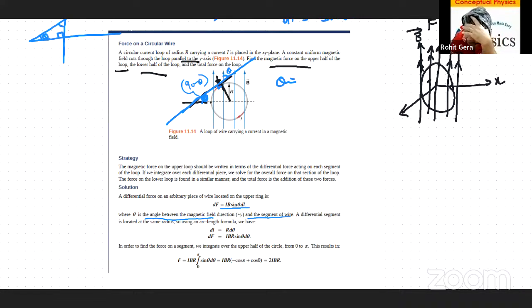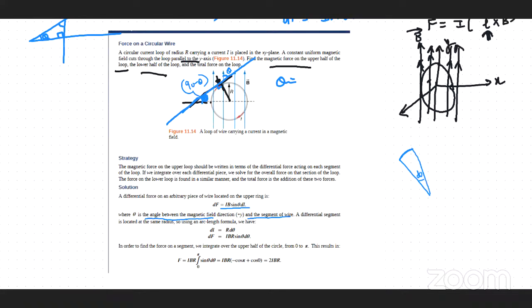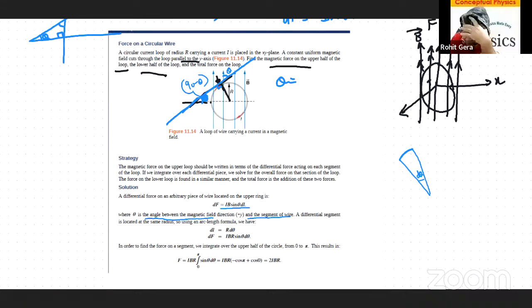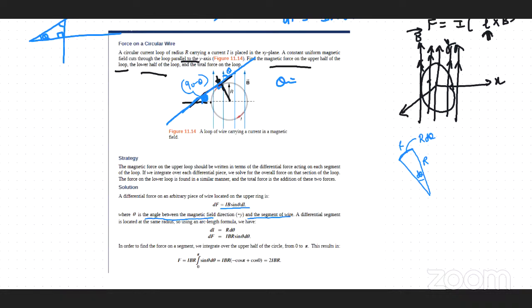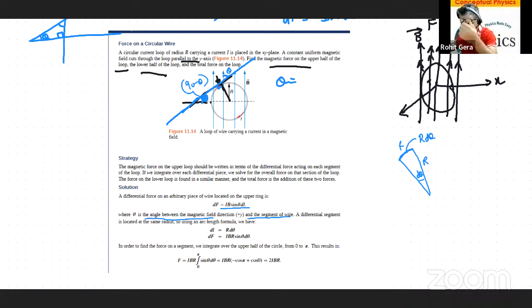And then he says that this particular arc, which is part of the overall circle, subtends an angle of d theta at the center also. And this is the radius r. So this is r d theta, arc. So now what he has done is he has converted everything into that.